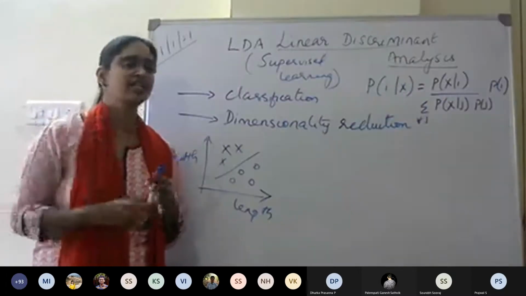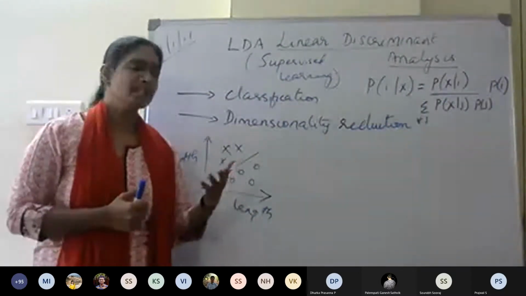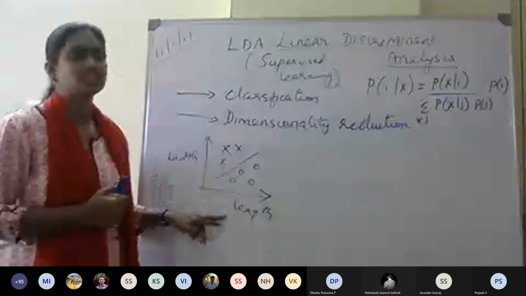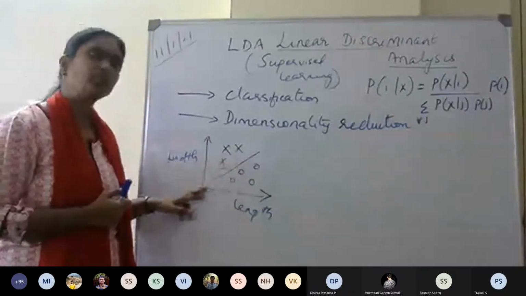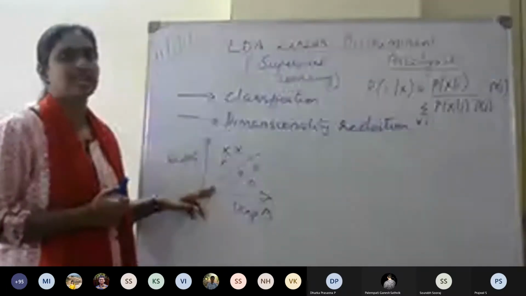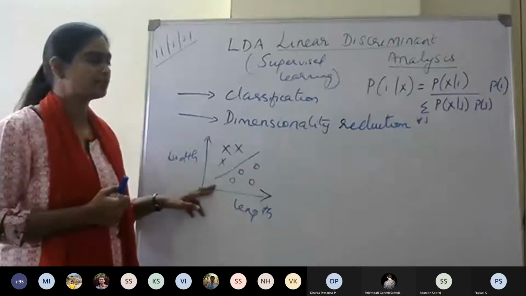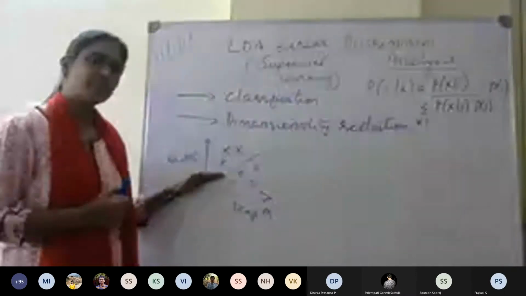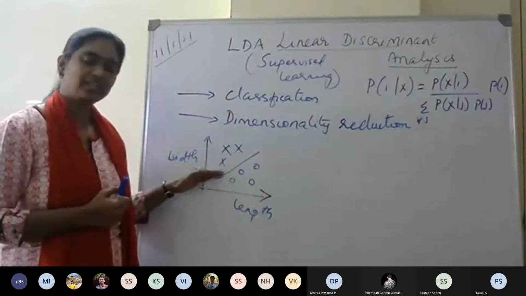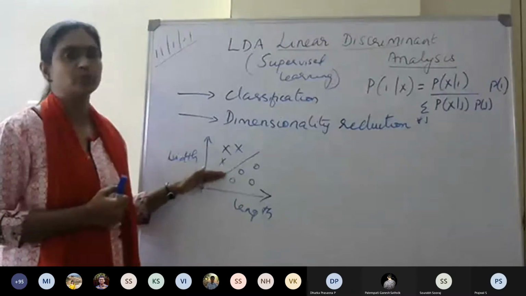So the features that I use for classification keep increasing. If I have two features, then I will use a line to separate them. This line we call a linear separable line. Why do we call it a line? Because we can draw a line only in two dimensions.